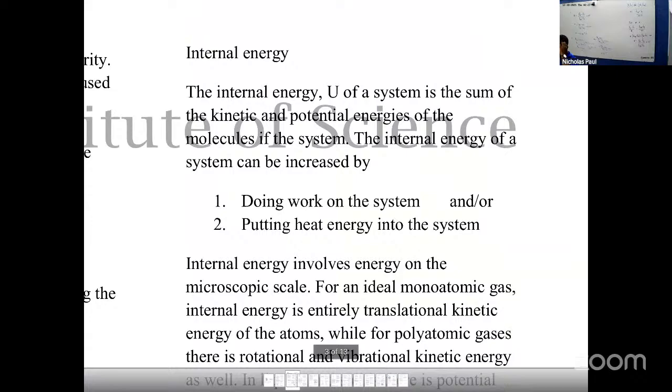How the particles contribute to kinetic energy and potential energy. Okay? So the internal energy of a system is the sum of the kinetic and potential energy in the system. The internal energy can be increased by doing work and applying heat. That makes sense? Sure. If you do work on it, you will increase potential. If you apply heat, you will increase kinetic.